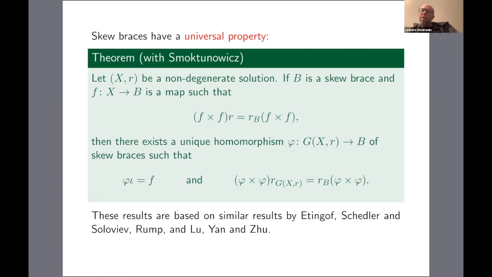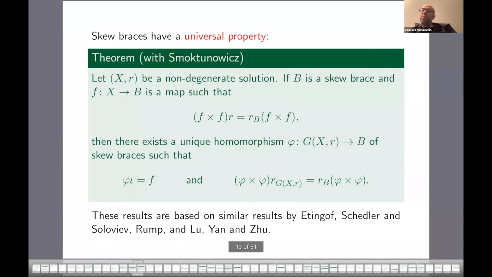So if you have a non-degenerate solution and you have any brace B and a map from X into B which is a morphism of solutions, where on X you consider the given solution, and on B the canonical solution that you have because B is a skew brace, then there exists a unique brace homomorphism from the structure brace to B, such that you have this natural property.